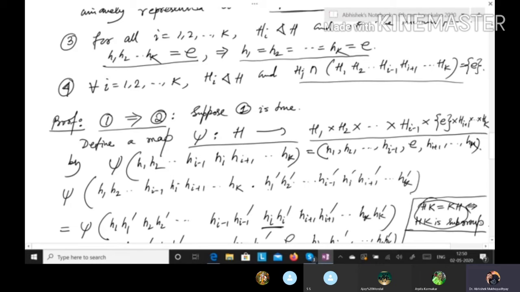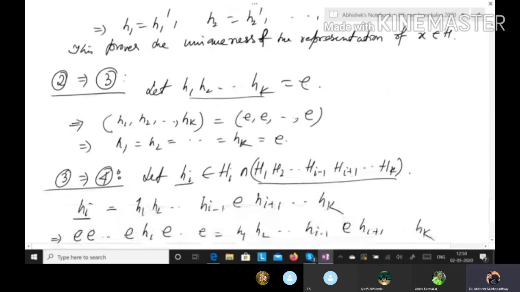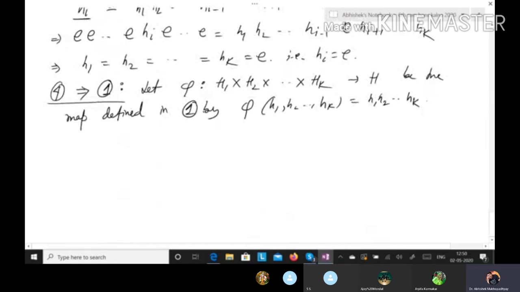So the Hi are normal, and this fact can be used to prove that for all i not equal to j, hi hj equals hj hi, for all hi belonging to capital Hi and all hj belonging to capital Hj.